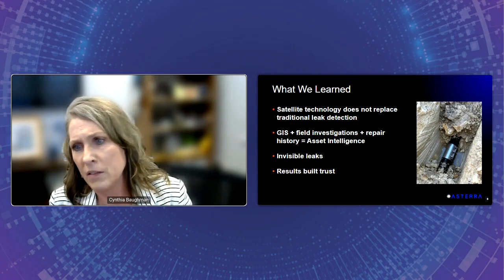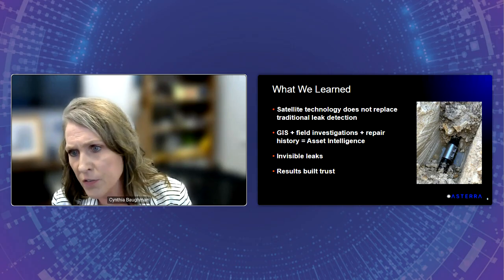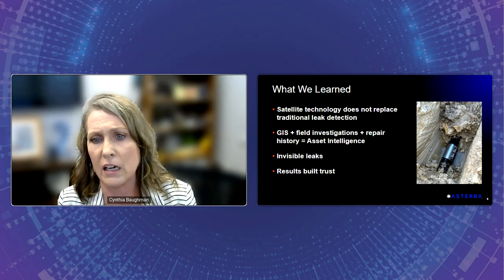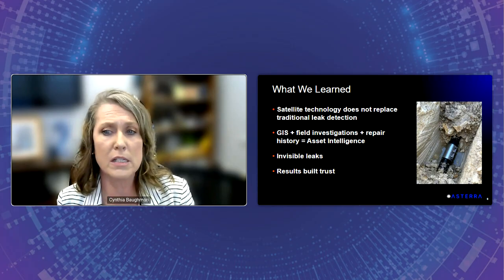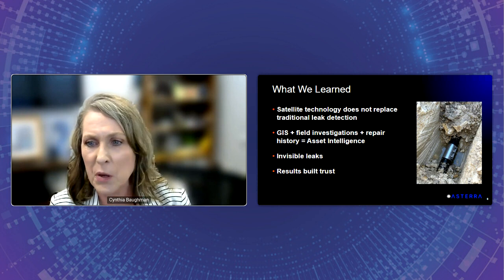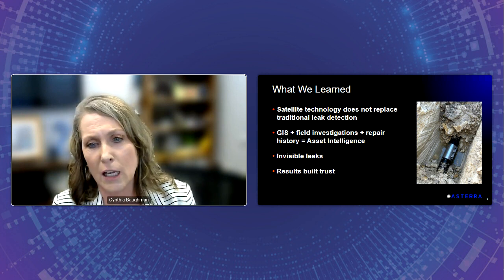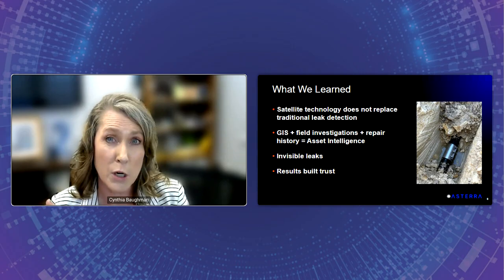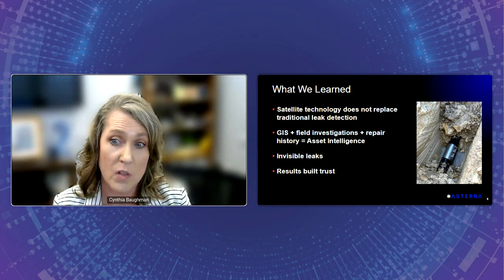So in this leak, you see non-surfacing, they had to dig down. And when they further investigated and repaired, this was a 6-inch cast iron pipe. So not only was it leaking in the ground, but it was also discovered that it was infiltrating into our sewer system.